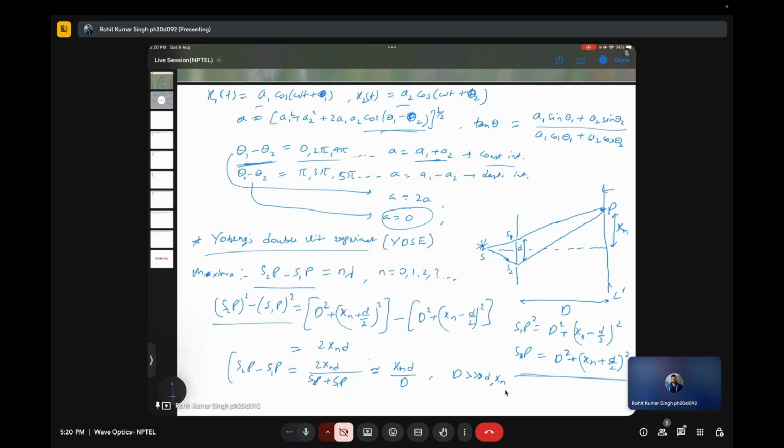If this condition is satisfied, then we can approximately write S1P plus S2P equal to 2D. You can see from the above expressions, basically we are saying this goes to 0, this goes to 0. So S1P is just D, S2P is just D. If this condition is satisfied, we have substituted here, and we got this condition.